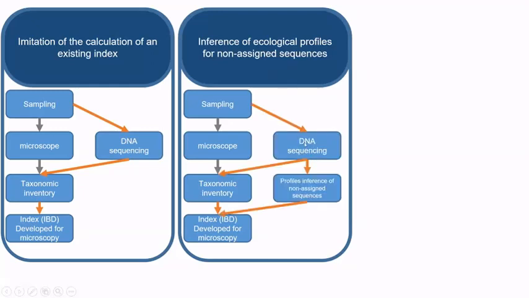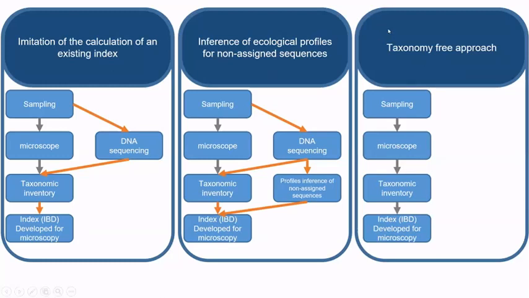So the idea is a little bit hybrid. For the sequences we manage to identify, we bypass the microscopic identifications. And for the sequences we don't manage to assign, because our Diatom is not complete enough, we infer their profile thanks to their phylogenetic neighbors.